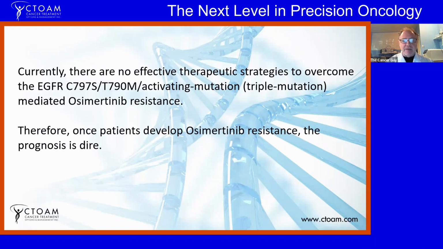And what happens is when you take osimertinib, if you have this C797S mutation, the osimertinib will prevent the regular mutated EGFR subcells from growing, but then you get the subpopulation of C797S cells that are driven by that mutation, and they're resistant, and they're going to grow and take over, and all of a sudden you have complete resistance to treatment.